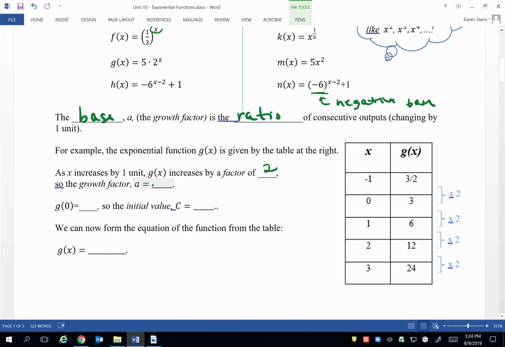So the growth factor is 2. A is 2. G of 0 is 3, so the initial value c is 3. So we can now form the equation from that table, and we could write 3 times 2 to the x.